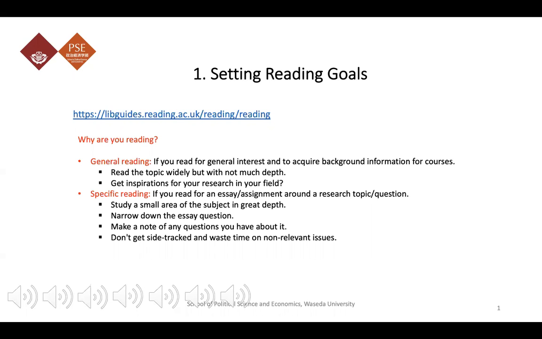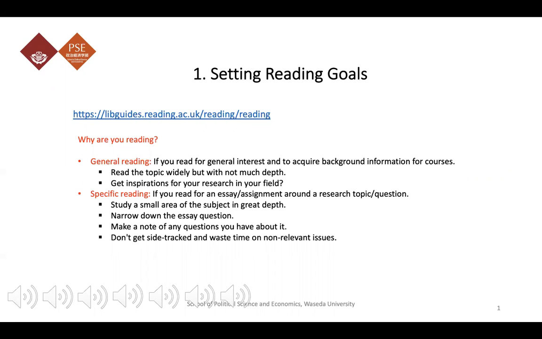It means that you are assigned a reading list from your professor, or you are aiming to find relevant information for your own research or dissertation. It is probably the case that students mostly do the first type of reading over the weekends or during their vacations, and the second type of reading for specific courses and assignments. For the purpose of the session today, I will basically focus on the second type of specific reading.